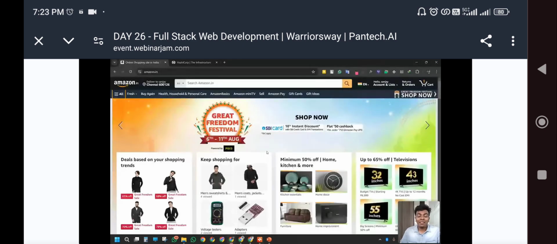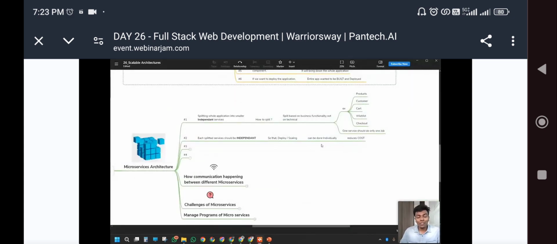You don't want to scale the complete application, so you can reduce a lot of cost, because you can scale that certain specific component or service. That's how you can reduce your cost.